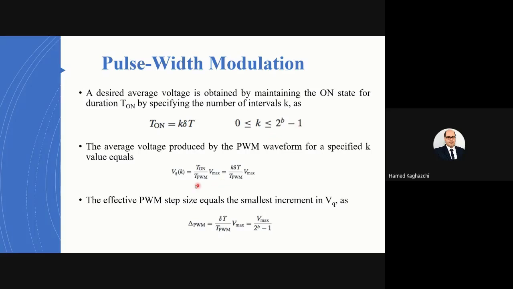Now, if I want to calculate the average value, this average value is my quantized value. How can I calculate the average voltage value of the PWM waveform? We said that T on divided by TPWM is the duty cycle.